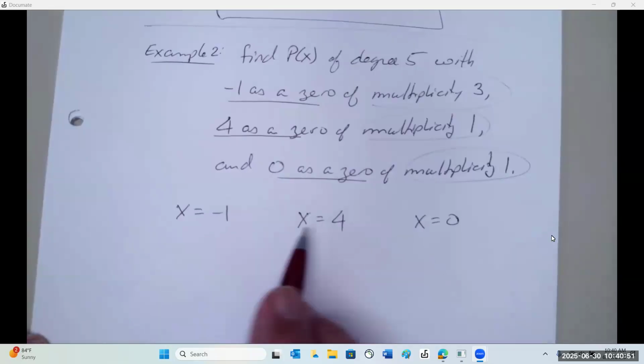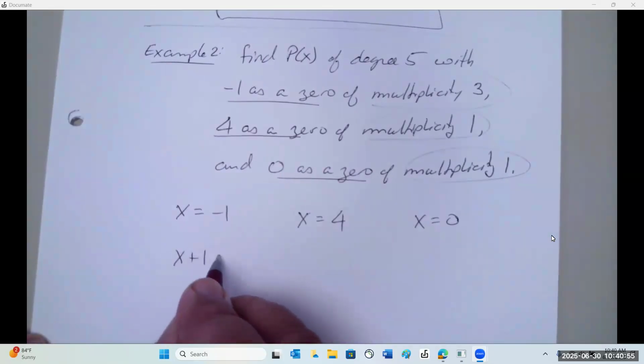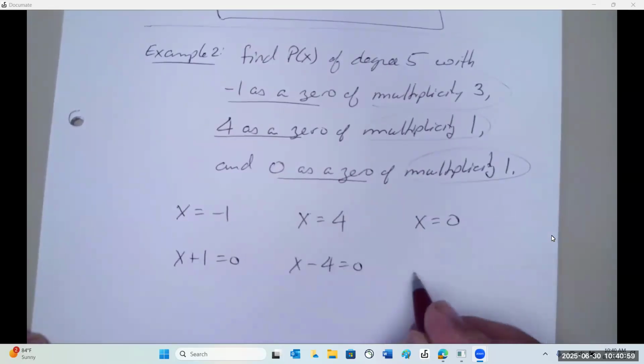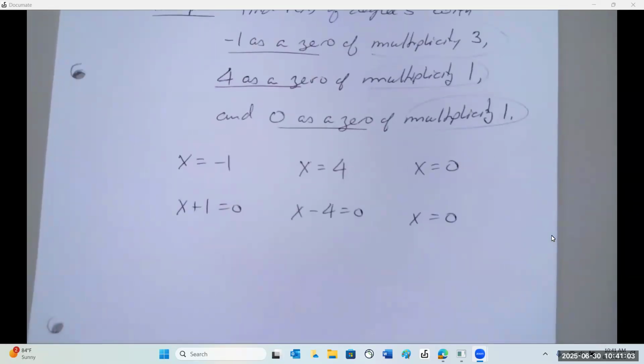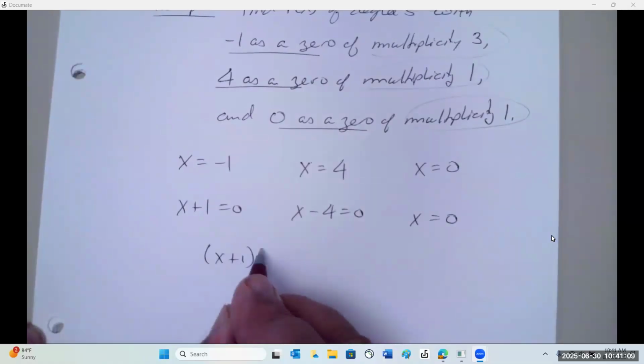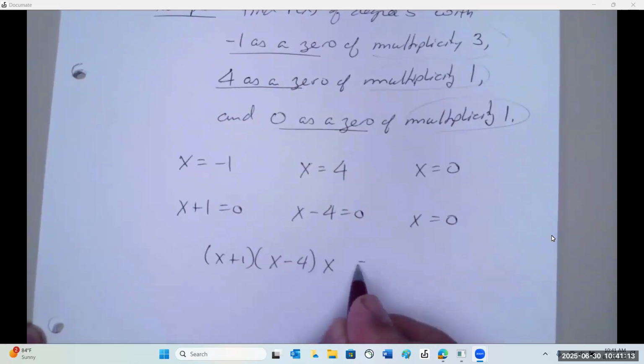So what's our next step after this? Set them equal to 0. Which gives us x plus 1, x minus 4, and x equals 0.